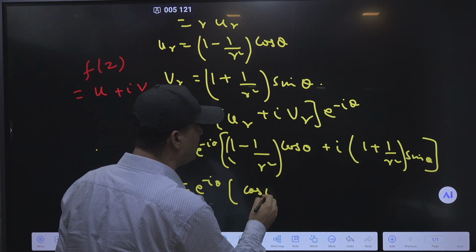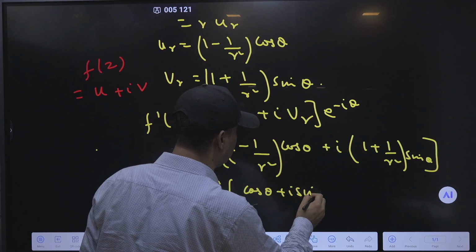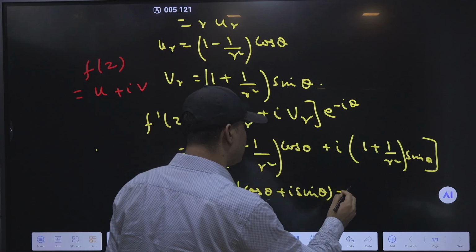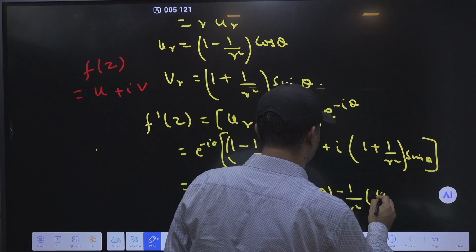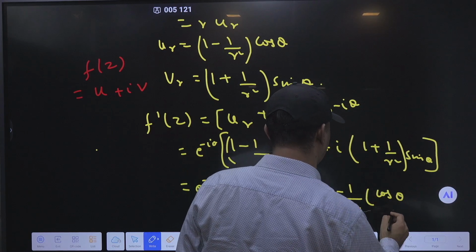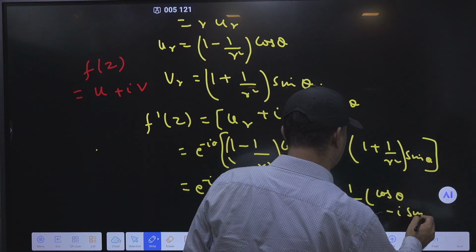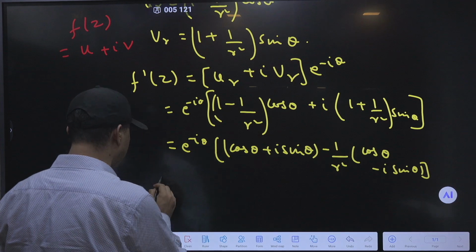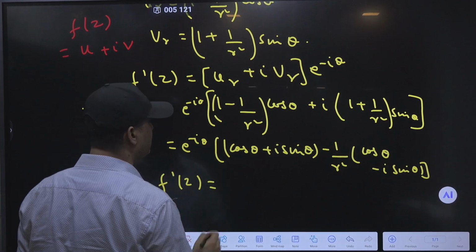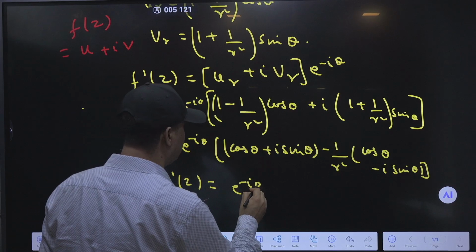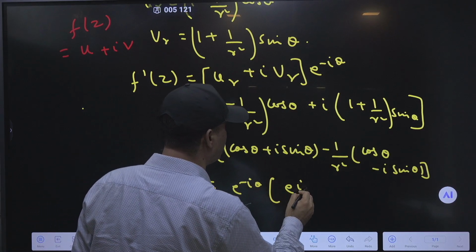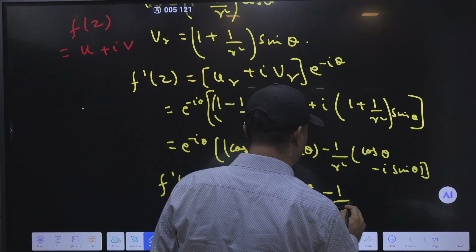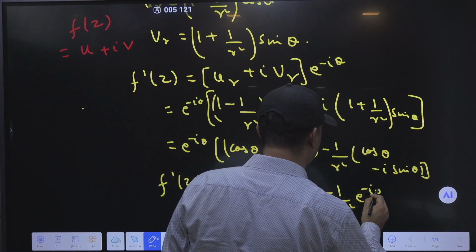This is cos θ plus i sin θ minus of 1/r² cos θ minus of i sin θ. So I can write f'(z) equal to e^(−iθ) times (e^(iθ) minus 1/r² e^(−iθ)).